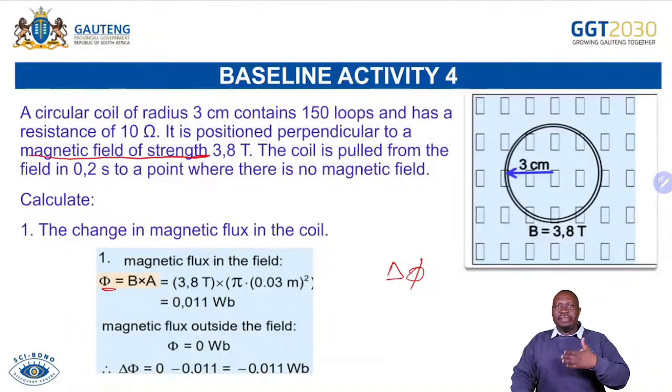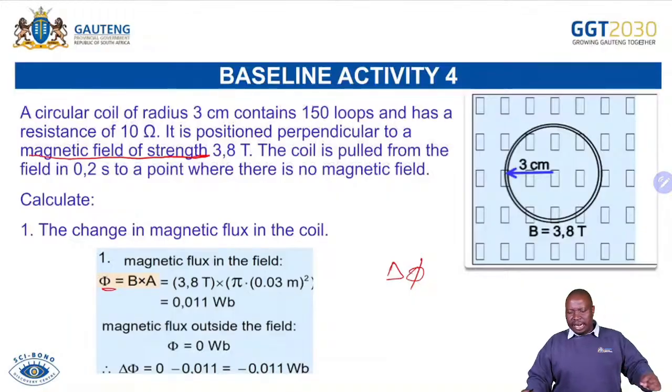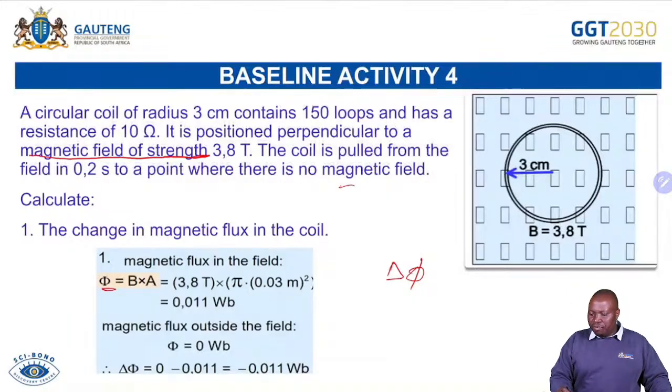Just use the units at the end of the calculation. We always write the formula, we always substitute, we write the answer, and then we write the correct SI unit, and then the correct direction.